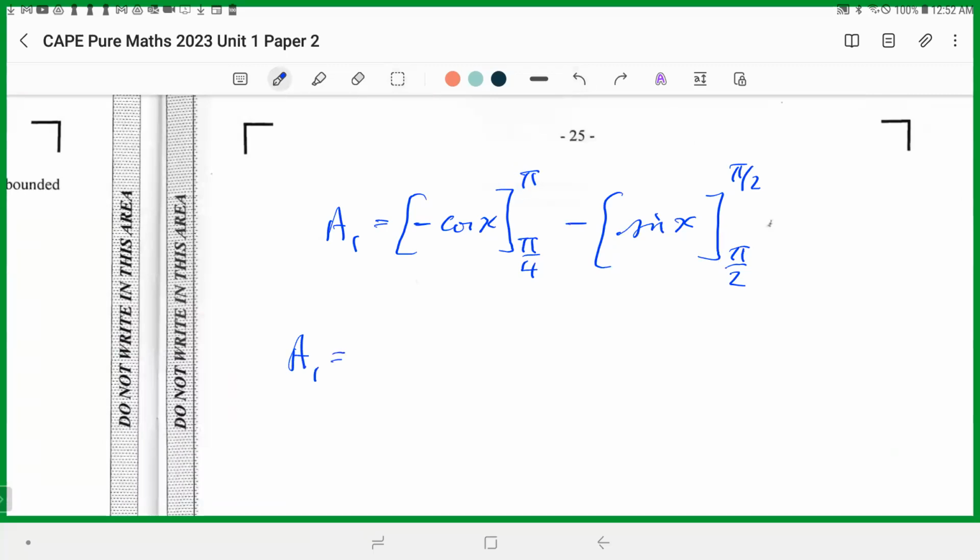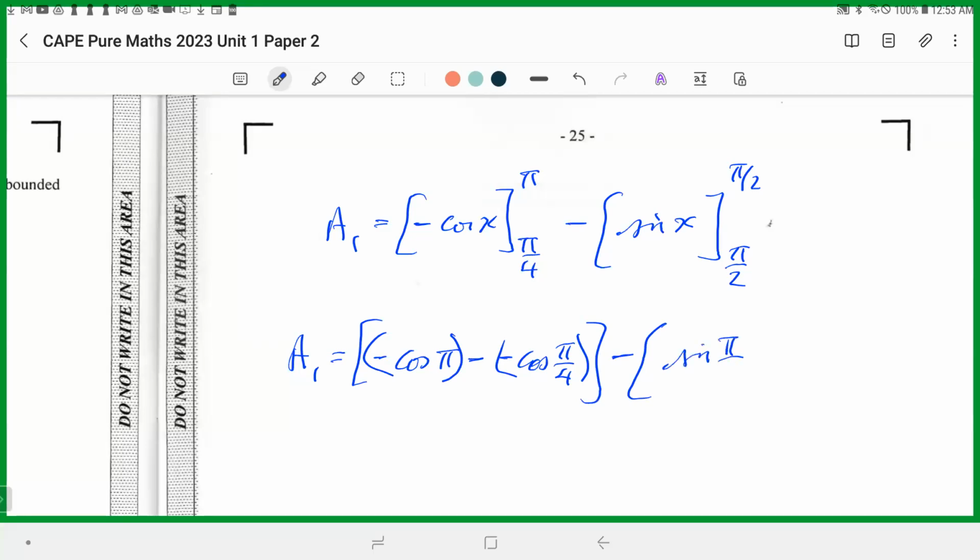So we're going to get in the bracket minus cos of pi, and then minus a negative cos of pi by 4. All right, so it's minus cos of pi minus a negative cos of pi by 4. That's what we get in this bracket. Minus, and do the sine one now. It becomes sine of pi by 2.